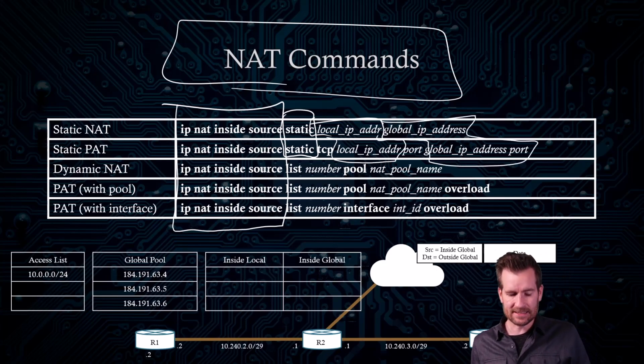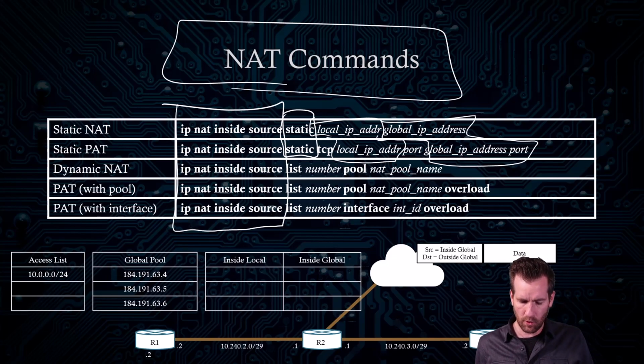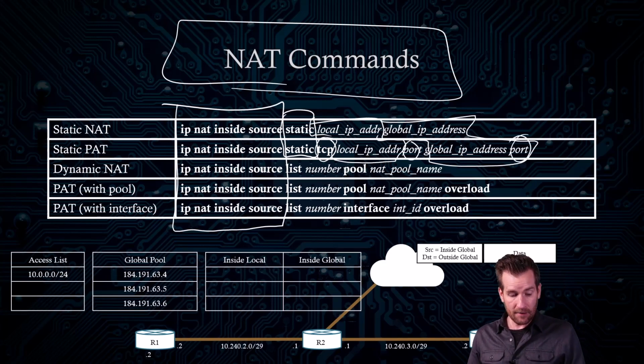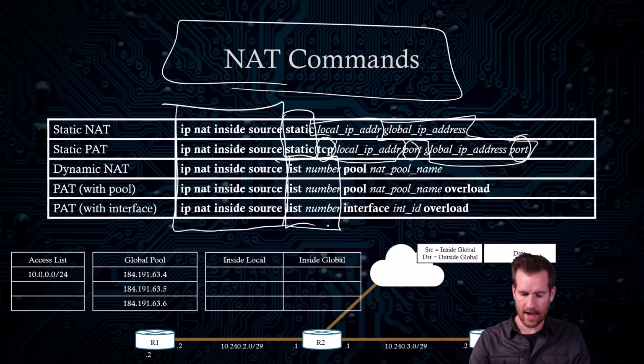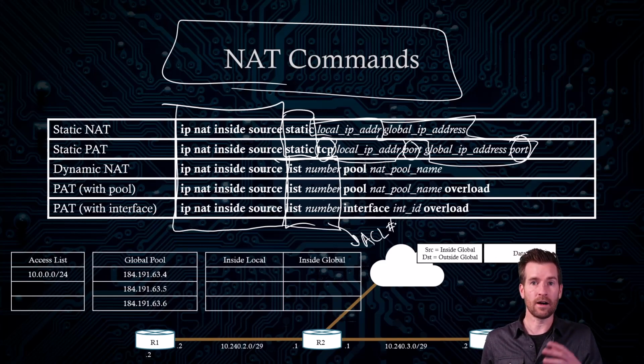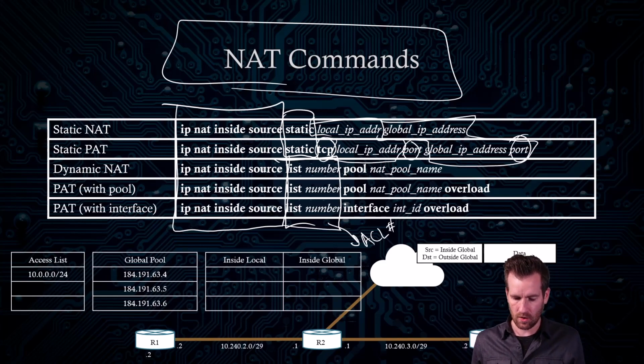The only difference is if we're doing the port address translation, we include the TCP and the port numbers there. If we're doing dynamic, then we include the list of addresses that we're going to translate. We do that by pointing this to an ACL number. And the ACL is where we specify what the inside addresses, the local addresses, are going to look like.